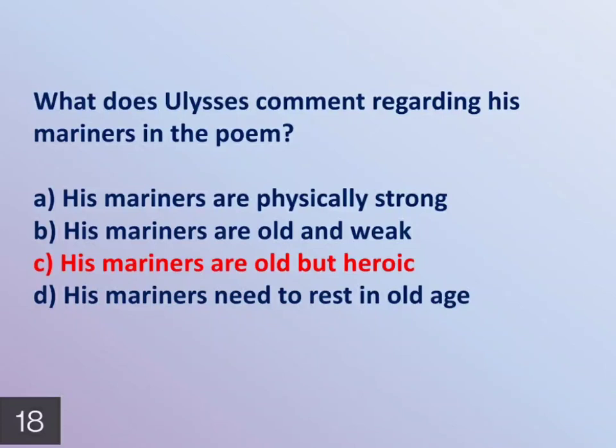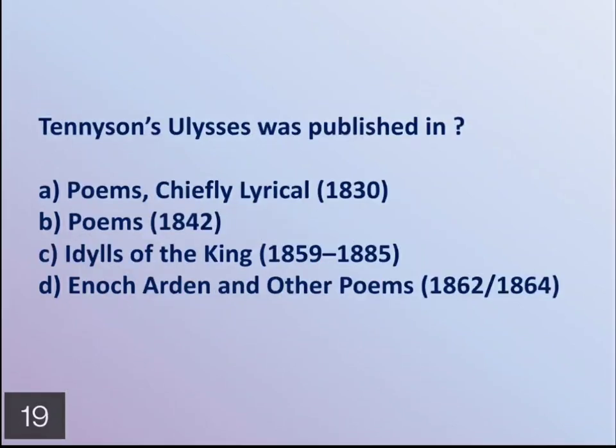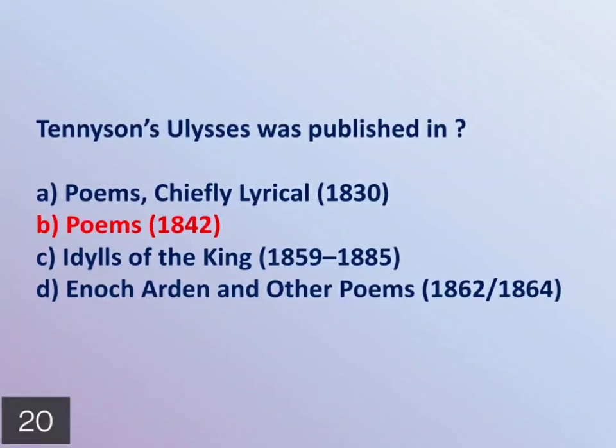C option. Then Tennyson's Ulysses was published in which collection? Poems Chiefly Lyrical, Poems, Idylls of the King, and Enoch Arden and Other Poems. So the title of the collection in which the poem Ulysses was published is B, Poems 1842.